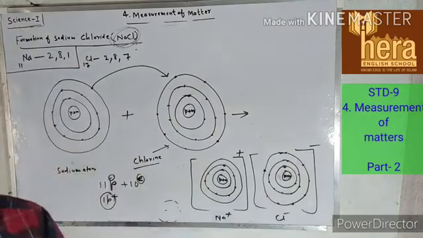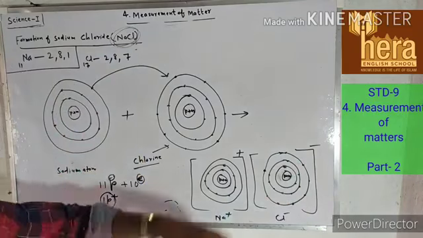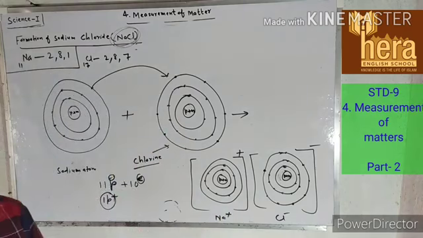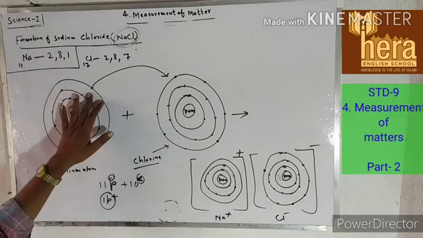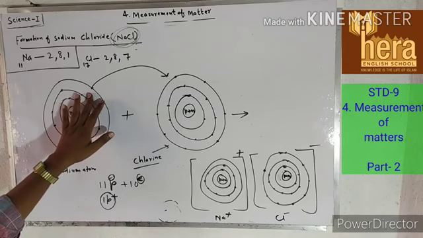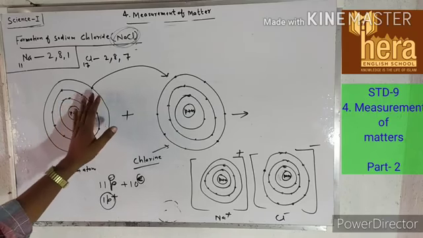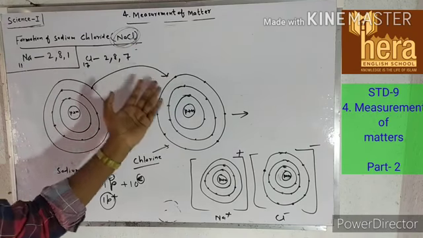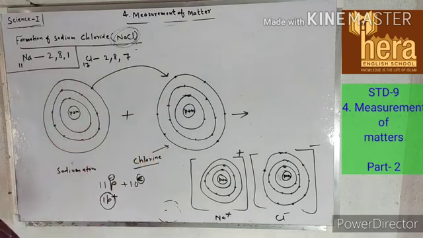Now the definition of valency for an ionic compound: the number of electrons that an atom of an element gives away or takes up while forming an ionic bond is called the valency of that element.